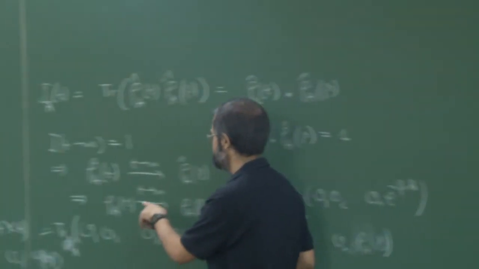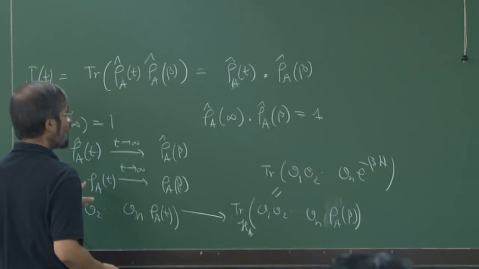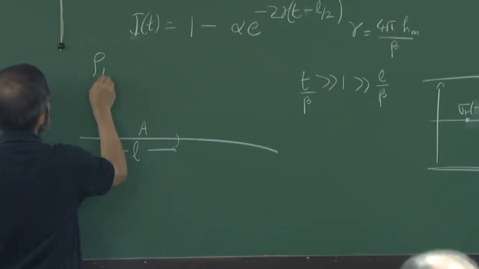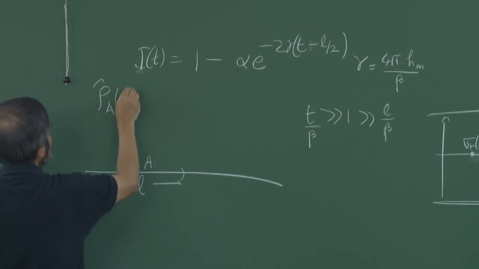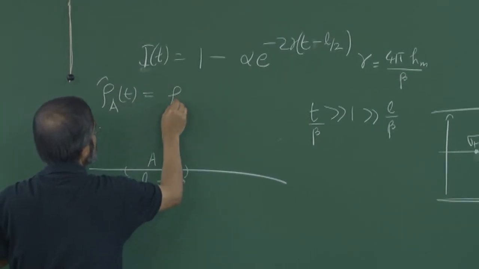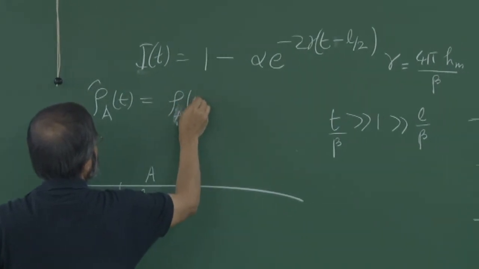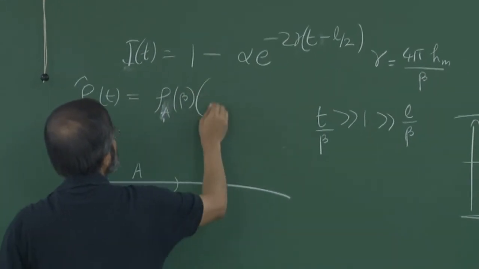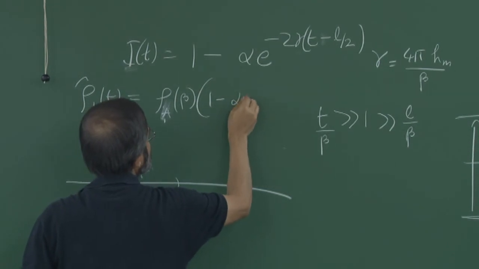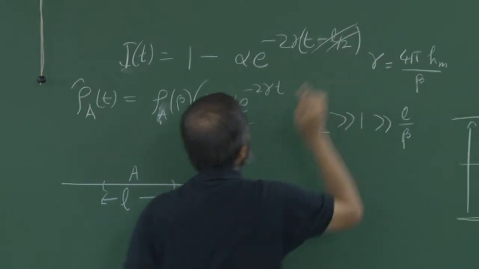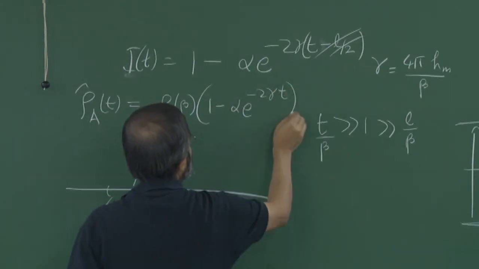What I should say here is that this behavior says that rho A of t actually goes to rho A of beta, times 1 minus, let me ignore this for the moment, for short intervals, like that.